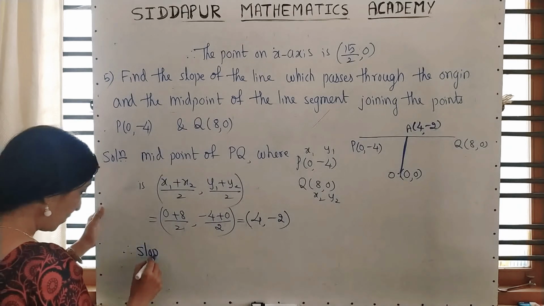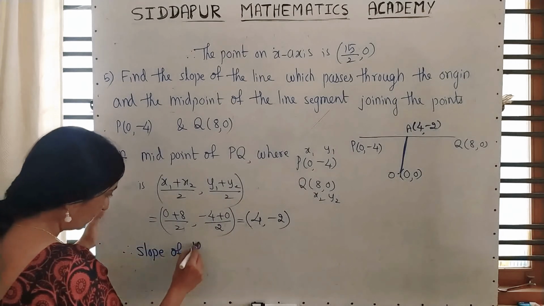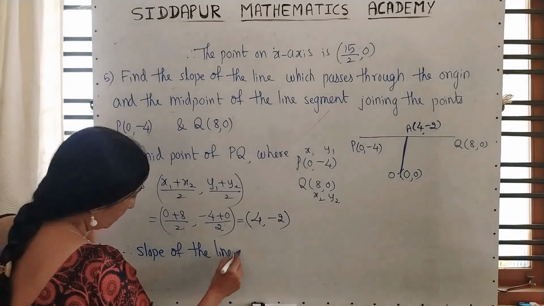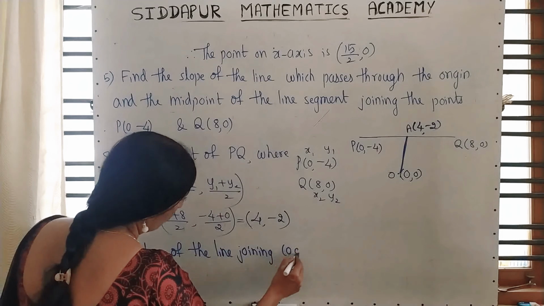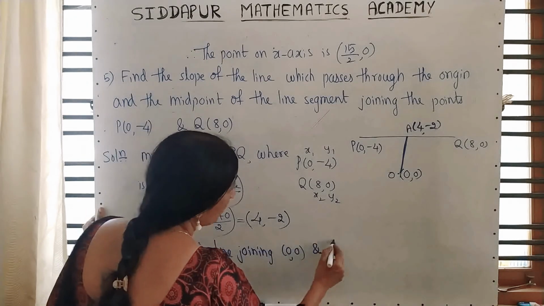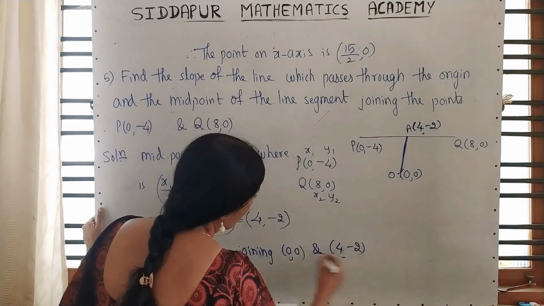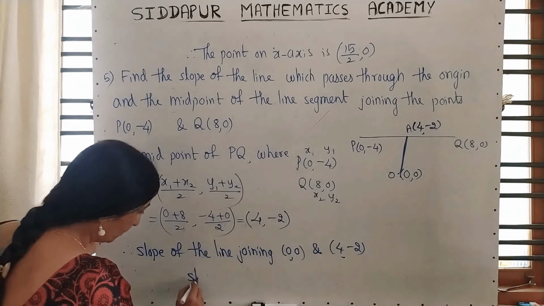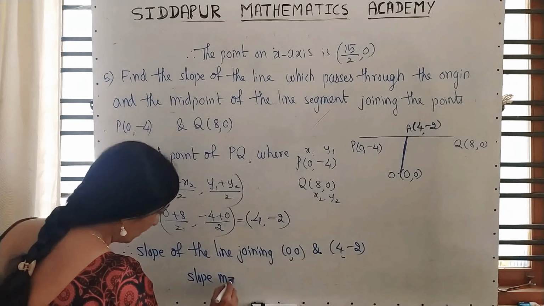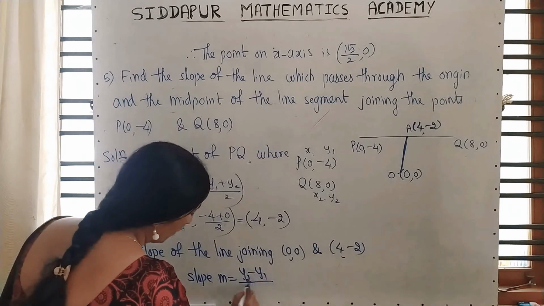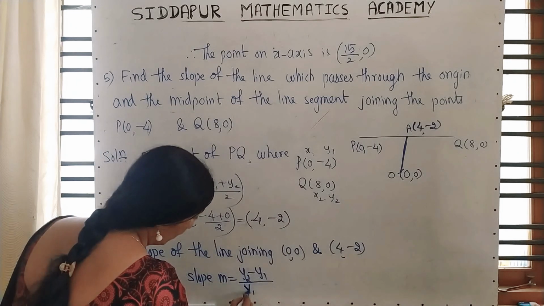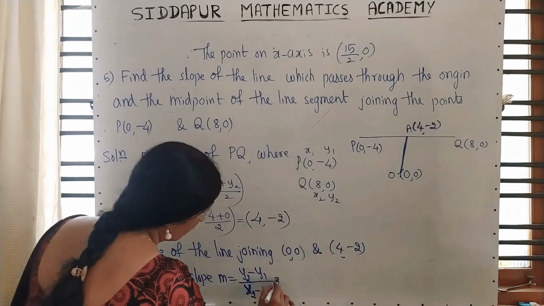Therefore, slope of the line joining origin, that is 0, 0 and 4, -2. Which formula? Slope m is equal to, if you know 2 points, y2 minus y1 upon x2 minus x1.